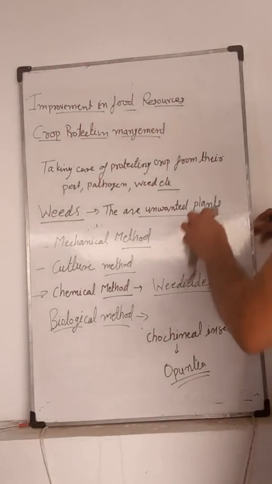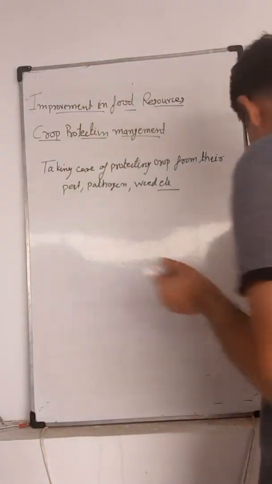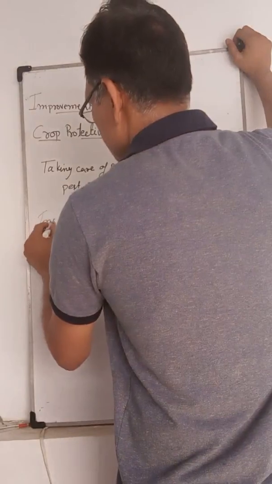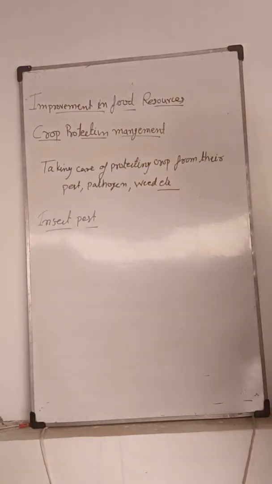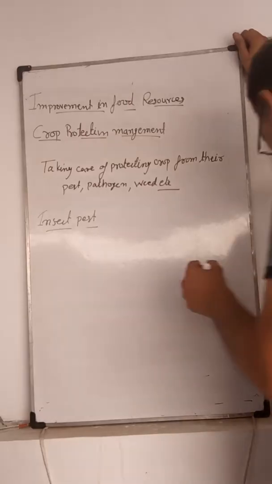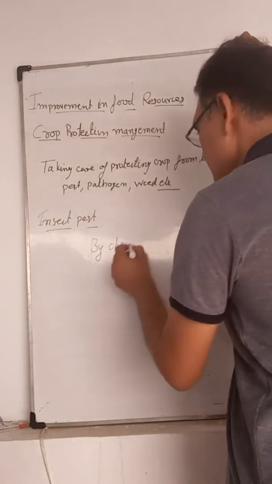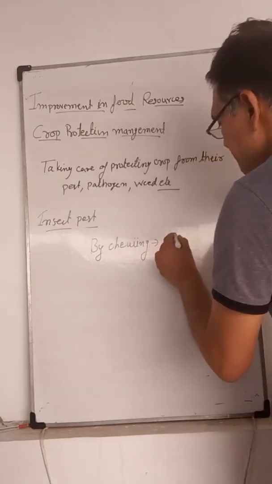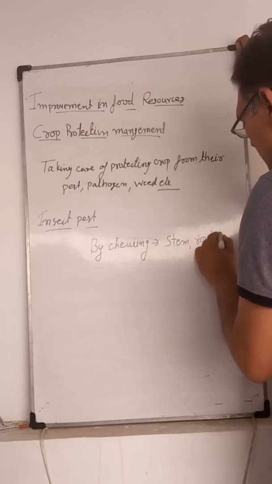Another type of protection is from other organisms, that is insect pests. Insect pests are insects which damage the main crops. How do they damage the main crops? By chewing stem, root and leaf.